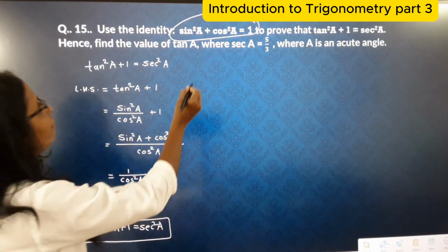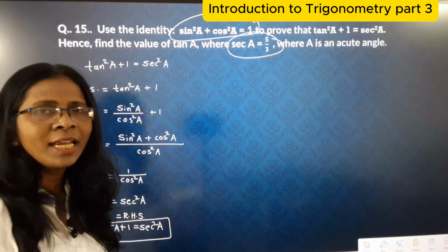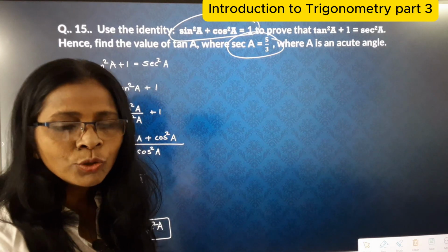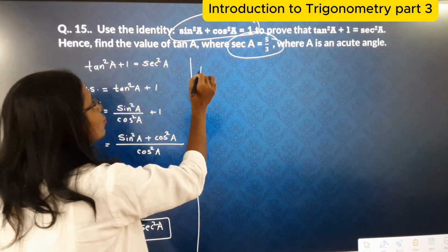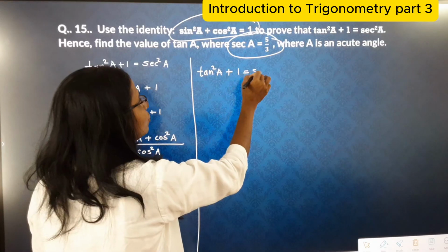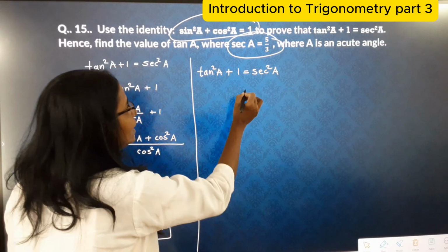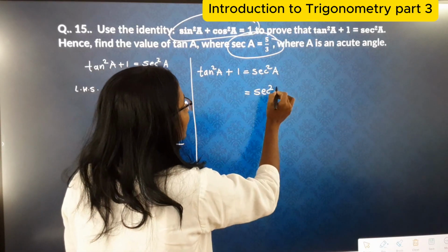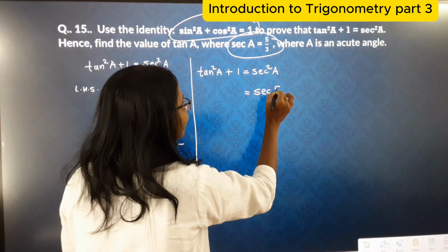Now here the value of sec A is equal to 5 upon 3, students. Okay. So now here we write tan square A plus 1 is equal to sec square A. So here students, the value of sec A is 5 upon 3.